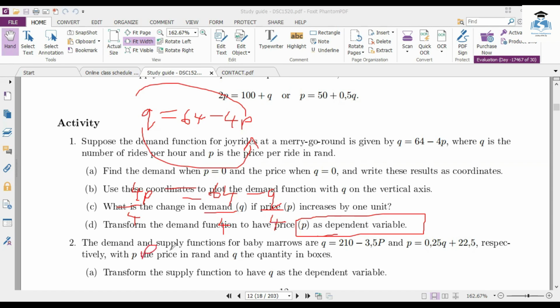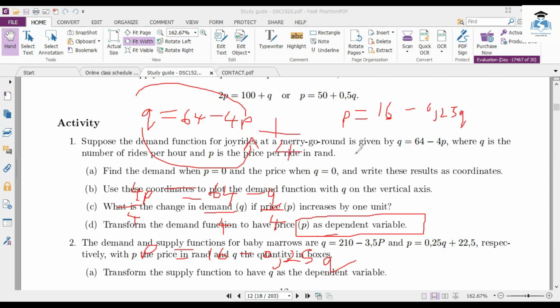So P is equal to 16 minus 0.25Q. Okay, so P will be equal to 16 minus 0.25Q.